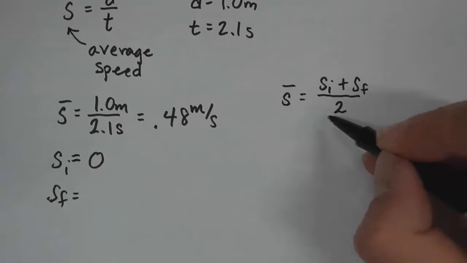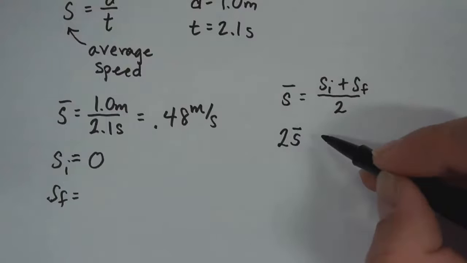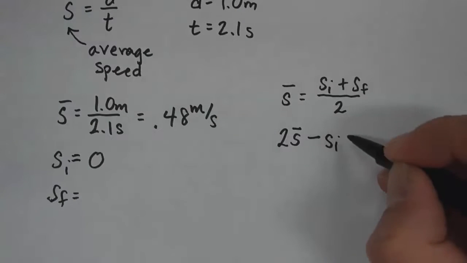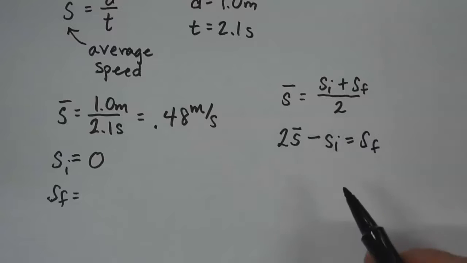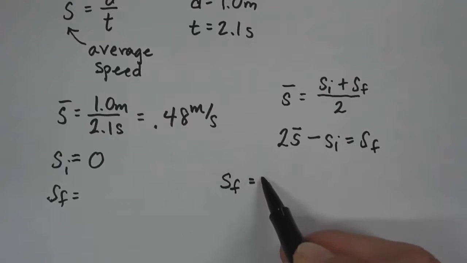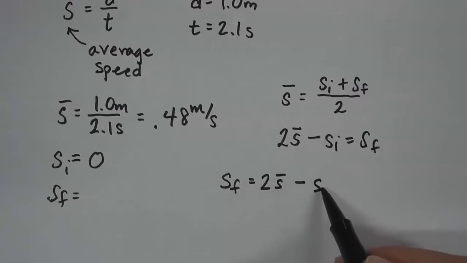Now I'm going to move this 2 over, so we get 2 times the average speed minus SI, where SI is the initial speed, is then equal to the final speed. Okay, so if I had to rewrite this again, the final speed is just 2 times the average speed minus the initial speed.